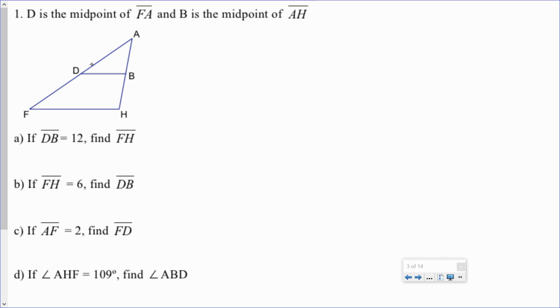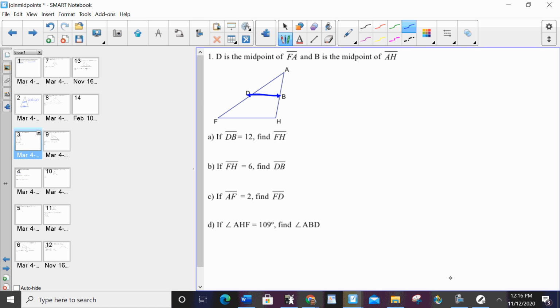It's telling me that D is the midpoint and B is the midpoint, which makes this a midsegment. So if DB is 12, that means that FH is double that, 24. If FH is 6, that means that DB, the midsegment, is half of that, which is 3.